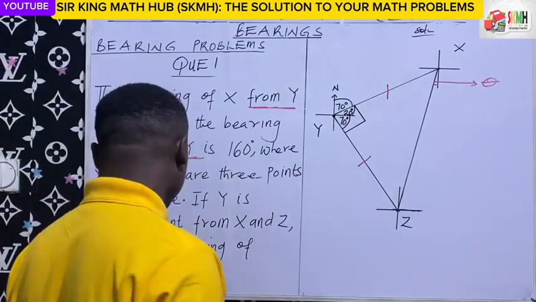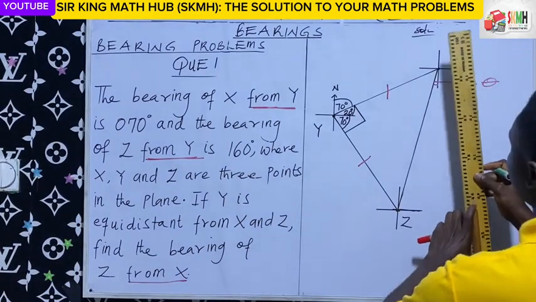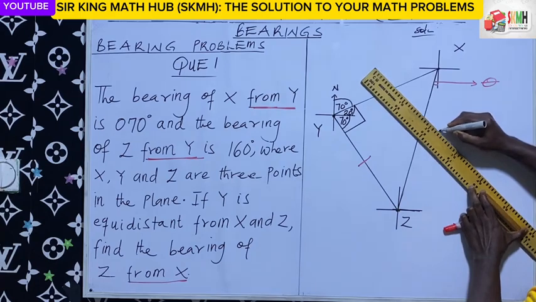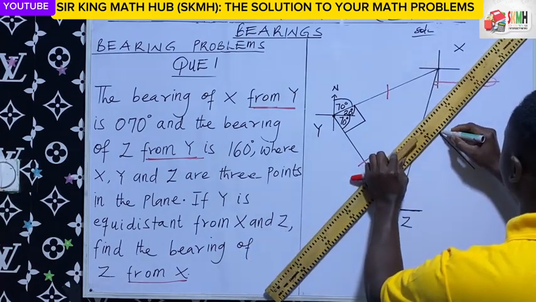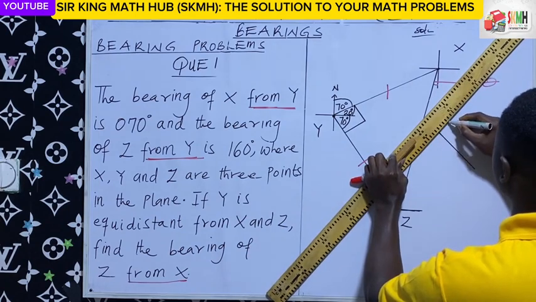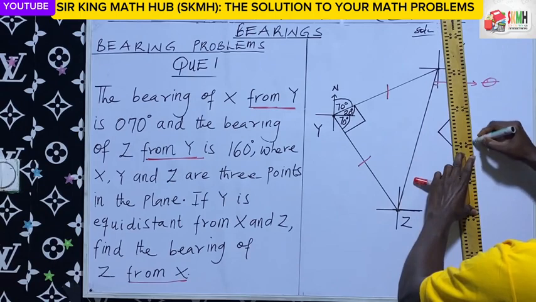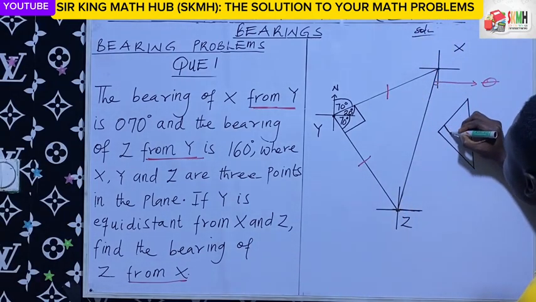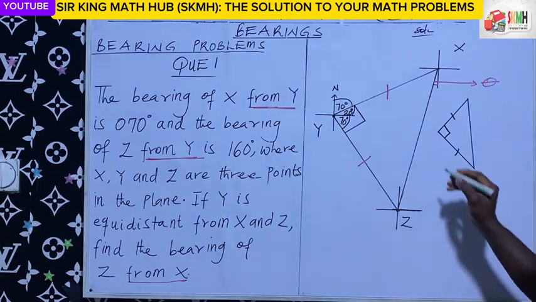Now let's look at something. We have our right angle triangle here. So let me draw it this way. Now we know that the angle here measures 90 degrees. And then this length here is equal to this length.